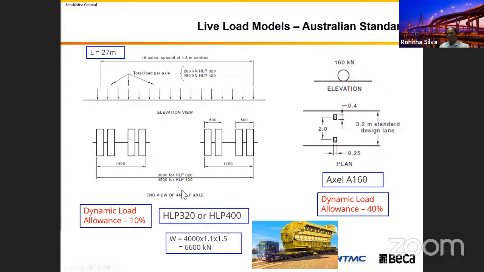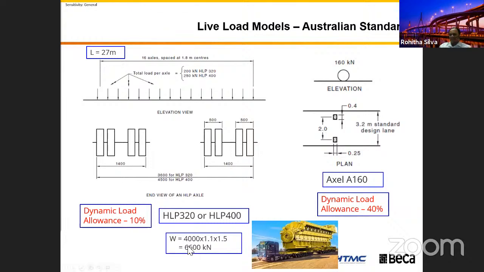Because of this, the dynamic effect on the bridge is not as bad as in the normal situation, M1600. Because of that, we use the dynamic magnification factor as 10%.